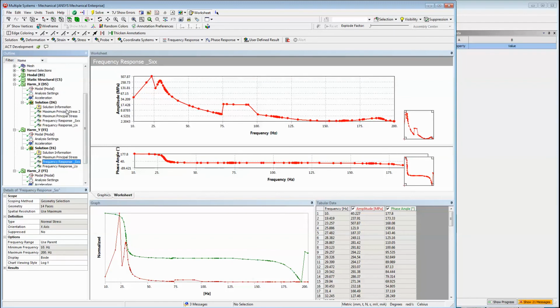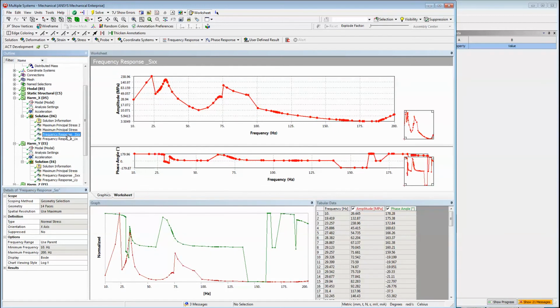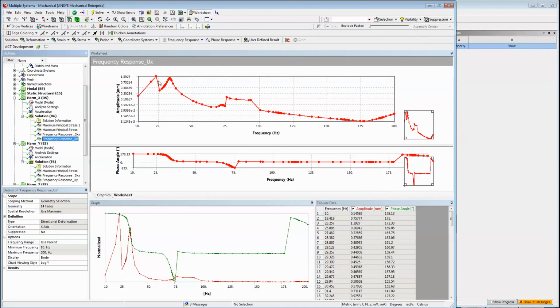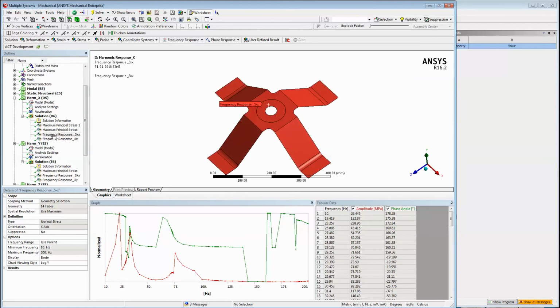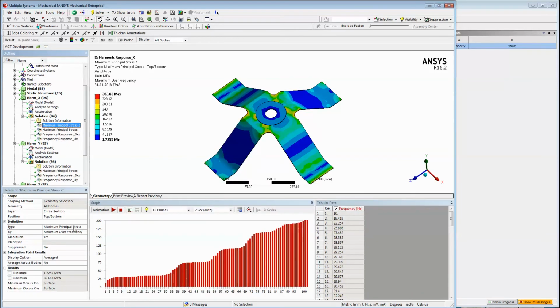So having this done, after solving this, we can insert the frequency response curve for stress as well as for displacement. While selecting, you can select the entire model and use maximum to get the overall feeling for that.